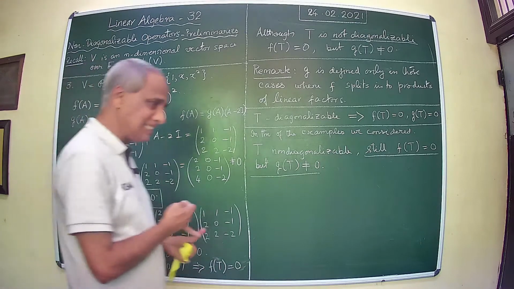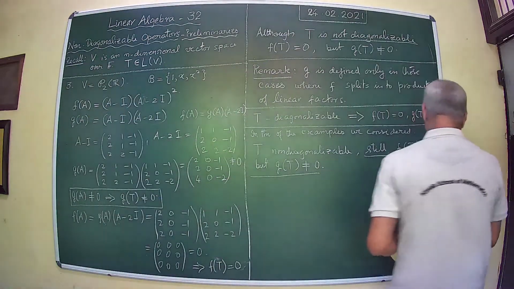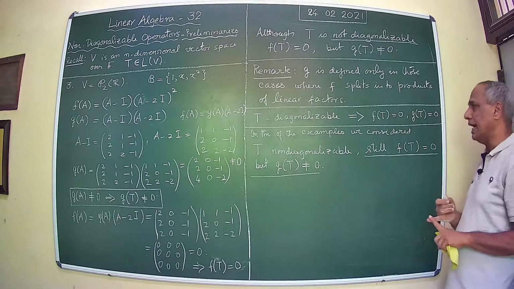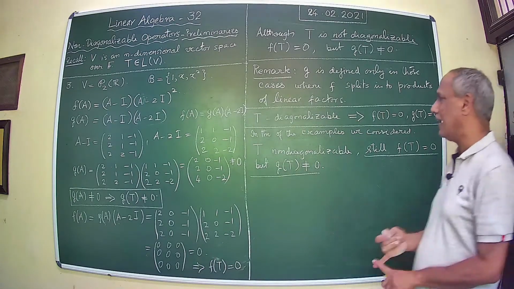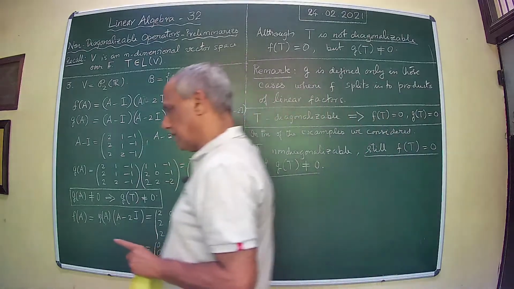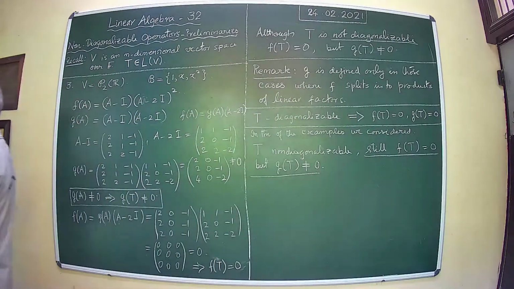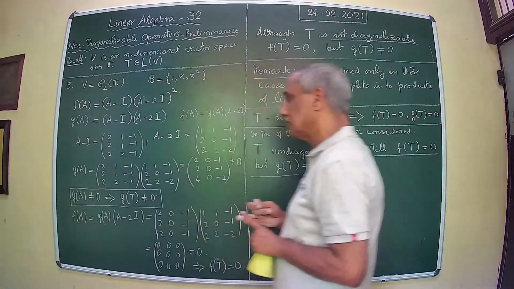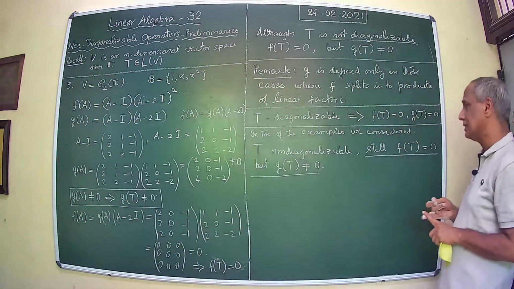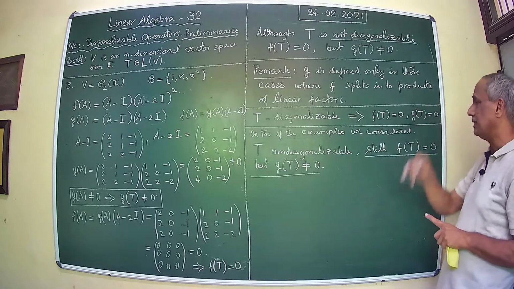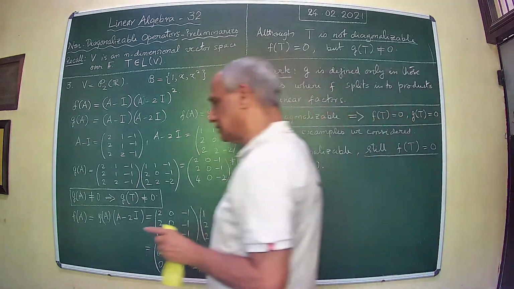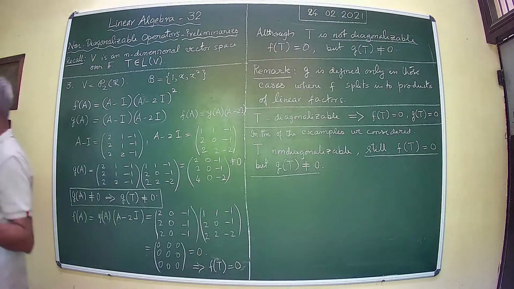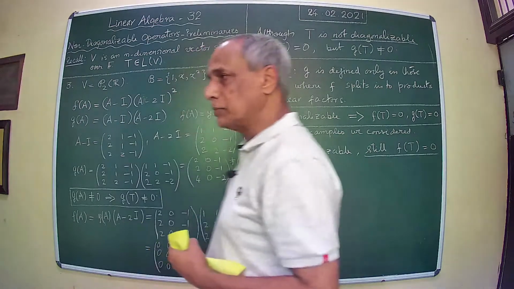There are a few facts. What are the facts? T diagonalizable means f splits into linear factors. Secondly, g is as defined in the corresponding case as the product of these linear factors with exponent 1.